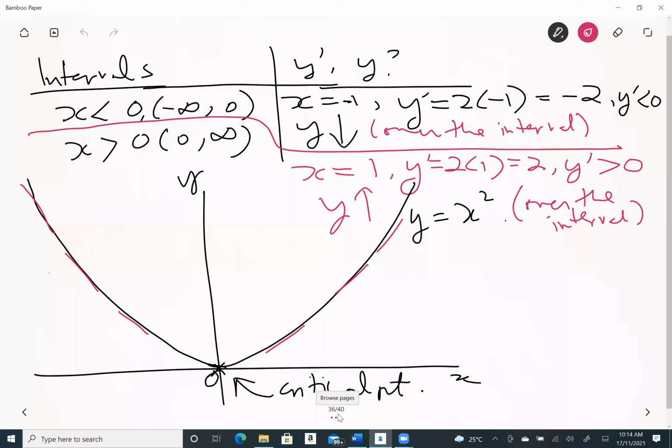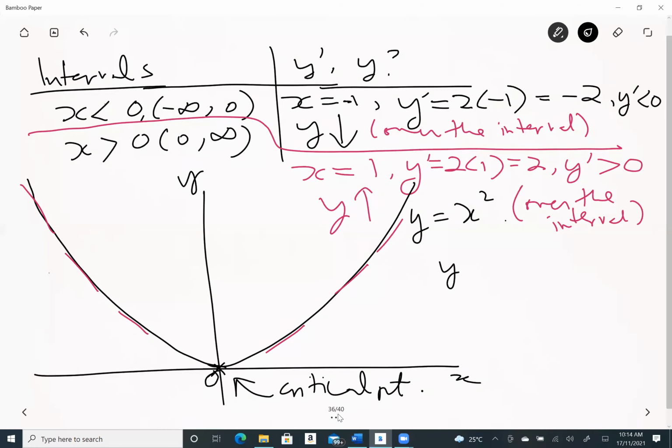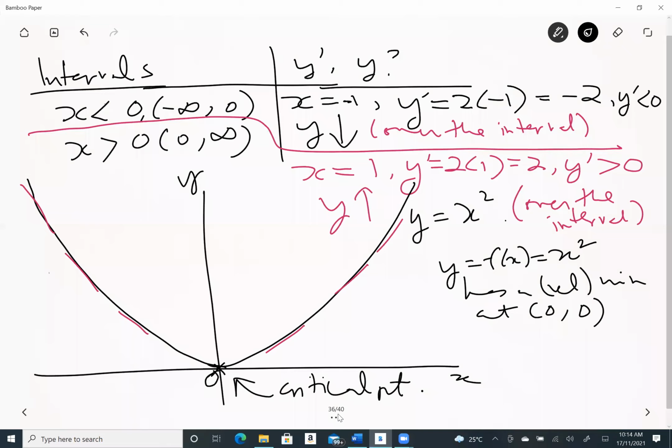Based on what we were doing, y equal to x squared has a relative minimum at 0, 0.